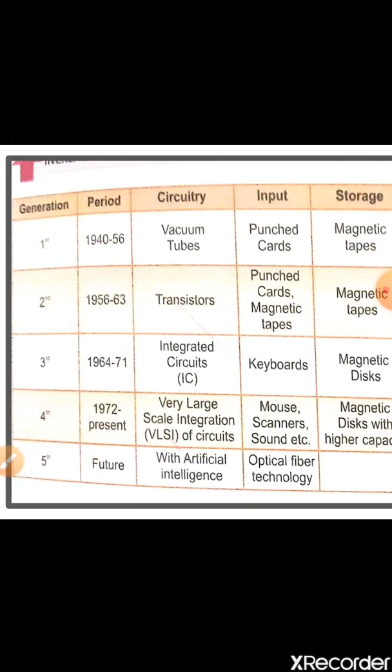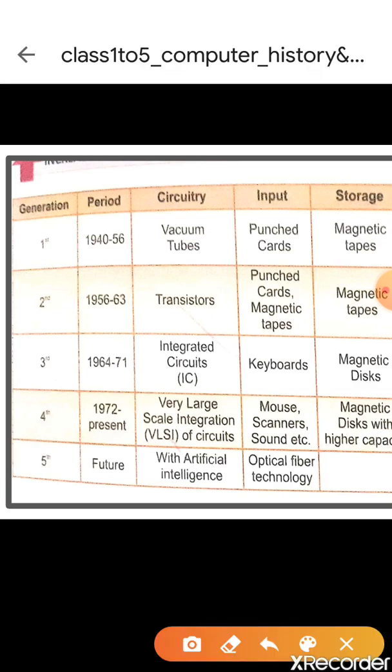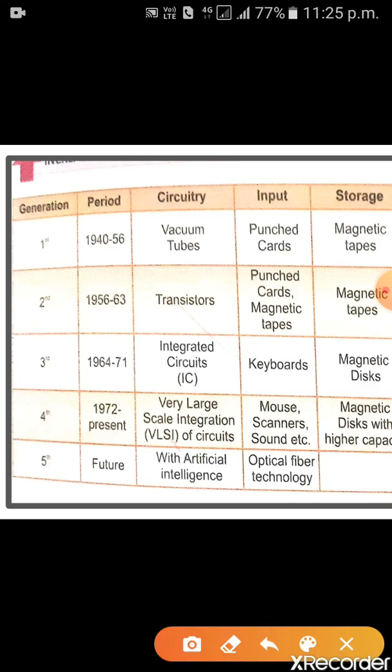There are 5 generations of computer. Number 1, the period of the first generation of computer is 1942 to 1956.